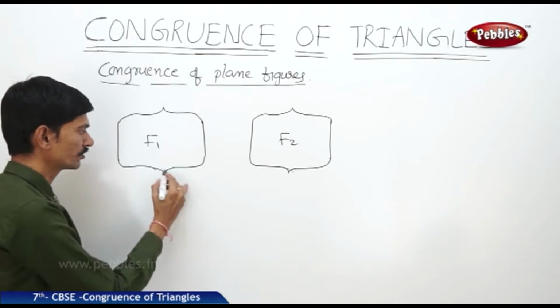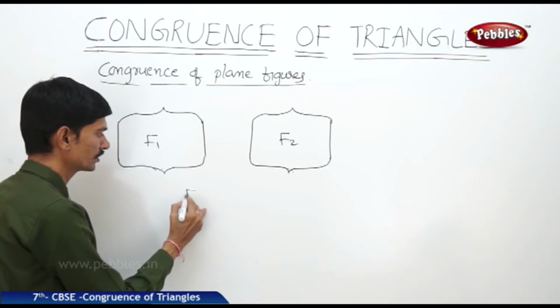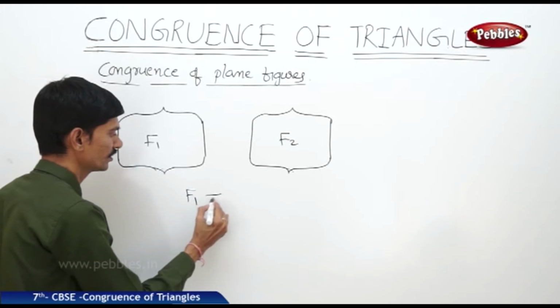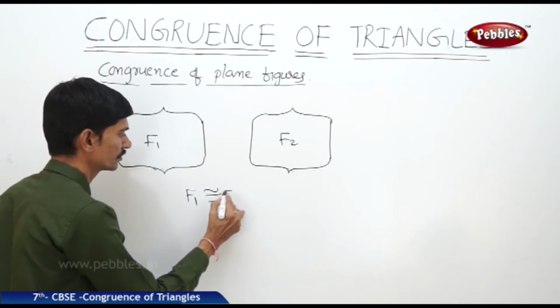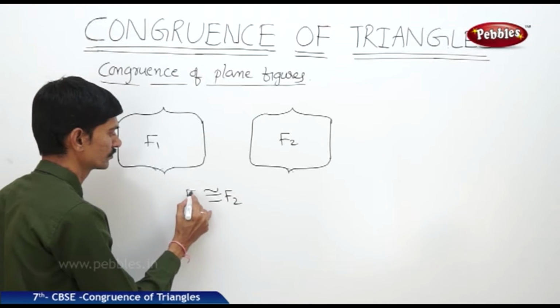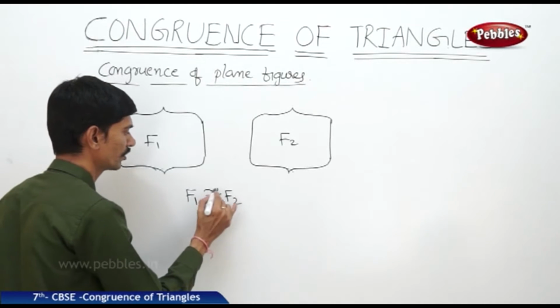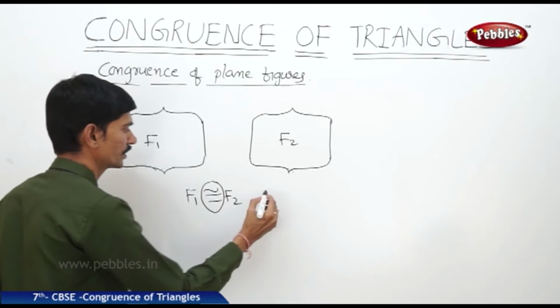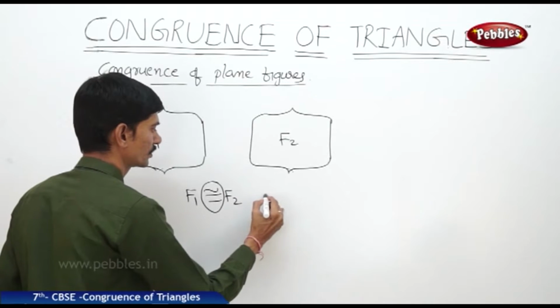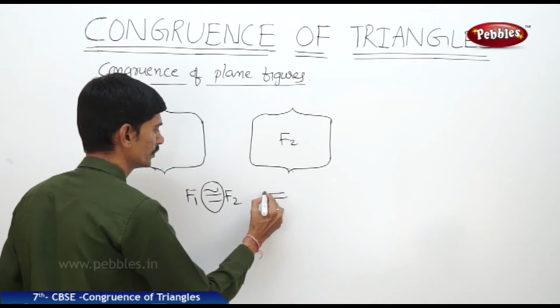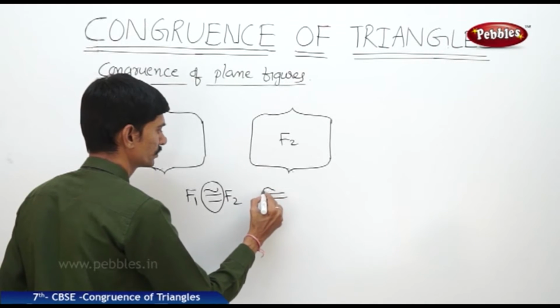The congruence of the two figures is represented by figure F1 is congruent to figure F2. So this is a symbol for congruence. If two figures are congruent to each other, we use this symbol to represent the congruence of the two figures.